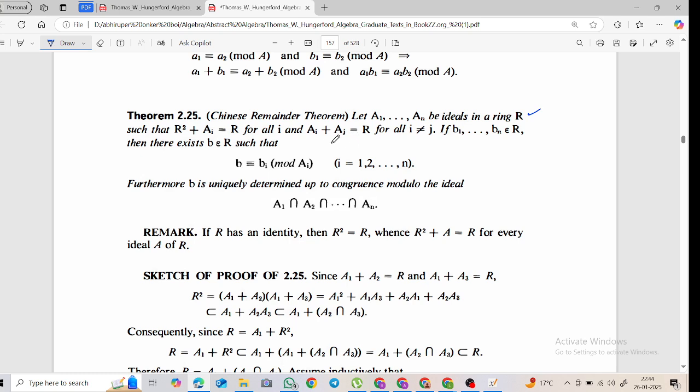Ideals I and J are said to be co-maximal if 1 belongs to I + J, that is, I + J equals R.